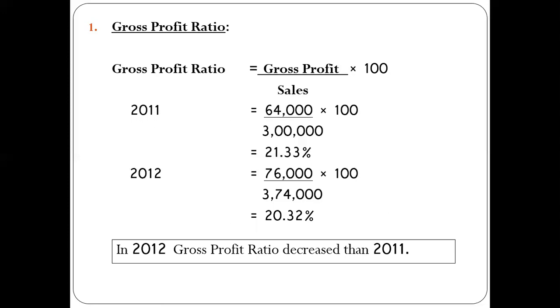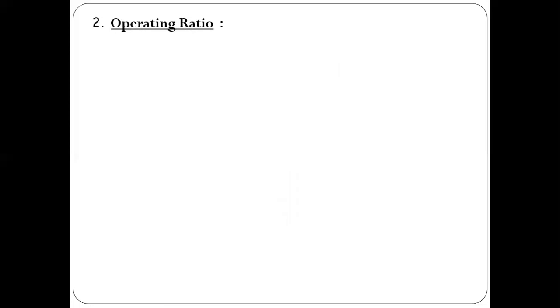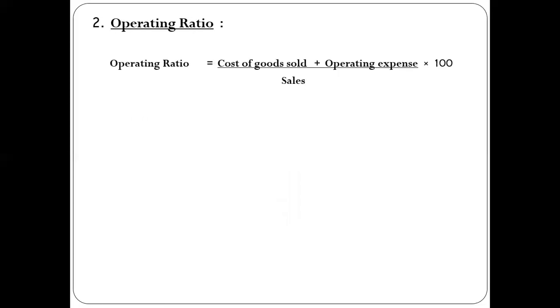Now we will find out the second ratio, that is the operating ratio. The formula of operating ratio is cost of goods sold plus operating expense divided by sales into 100. We have all the information, so we just have to put the amounts in the formula.